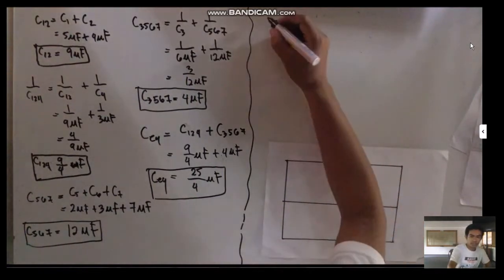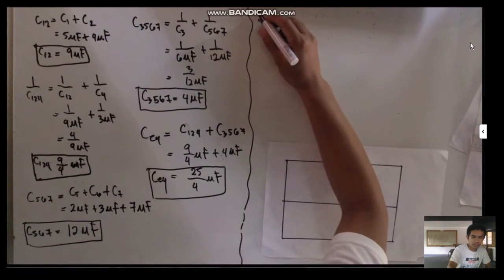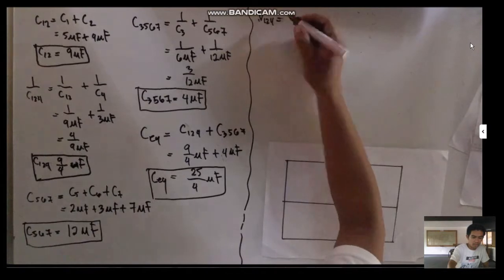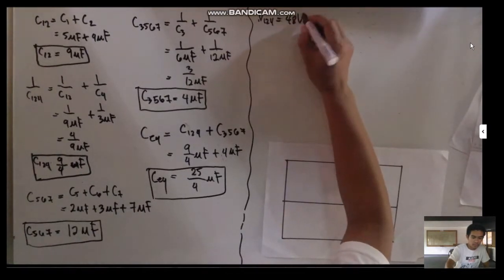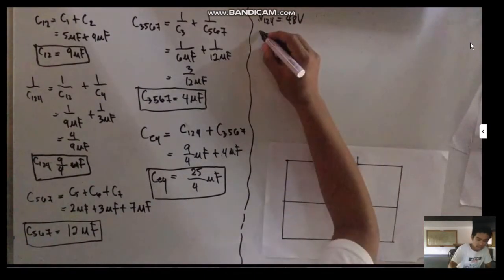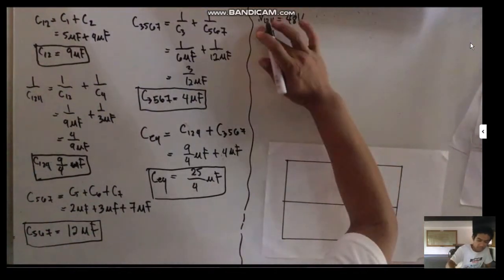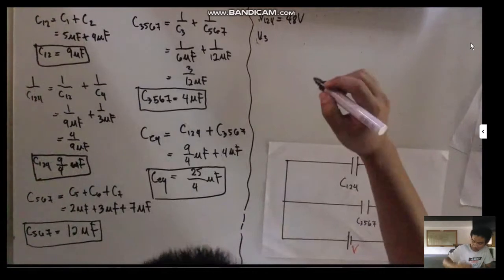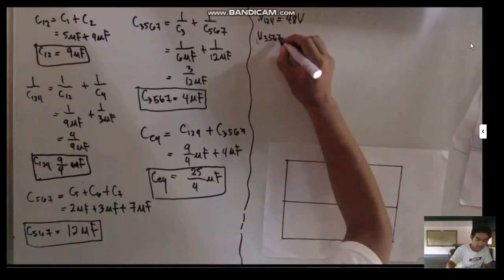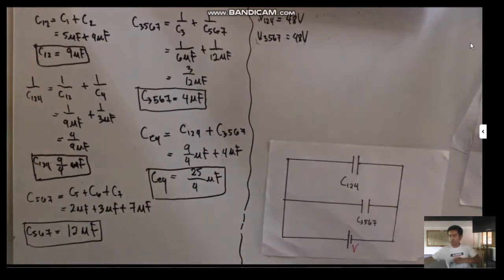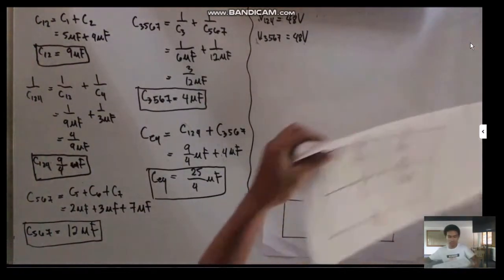So V124 is 48 volts. Then V3567 is also 48 volts. Alright, so let's go back to this one.